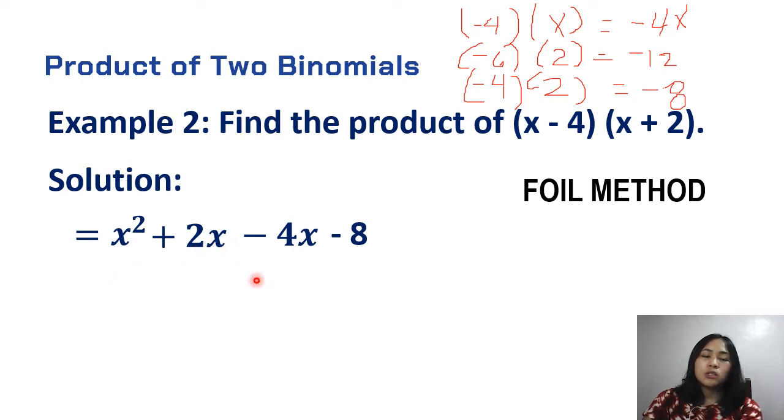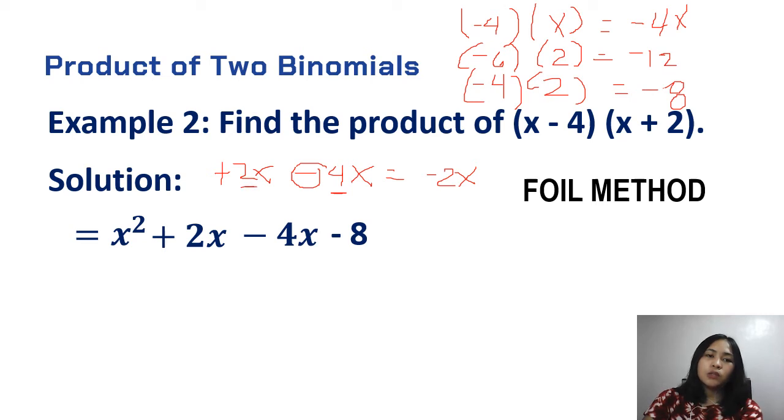In this given, 2x is positive, and 4x is negative. So, 2x minus 4x, we subtract. So, it becomes negative 2x. Why negative 2x, ma'am? Because we use subtraction, and 4 is greater than 2.